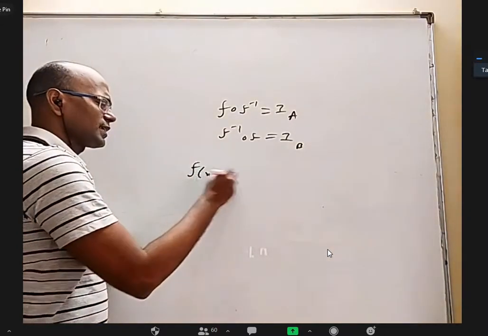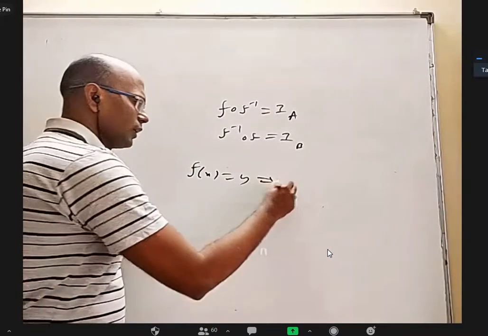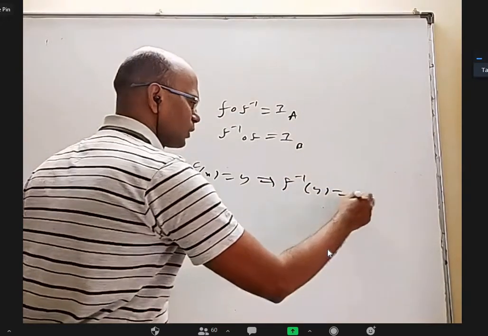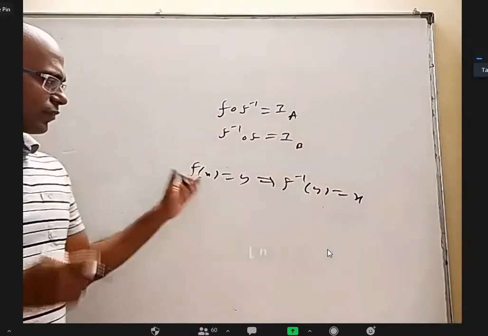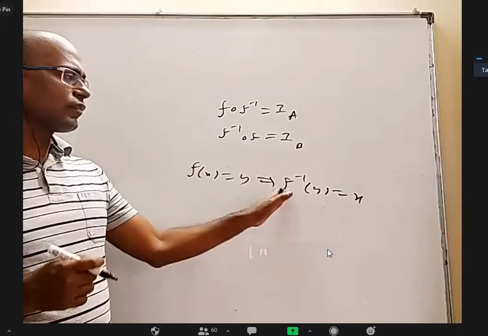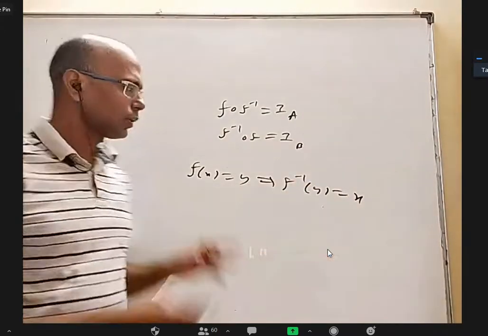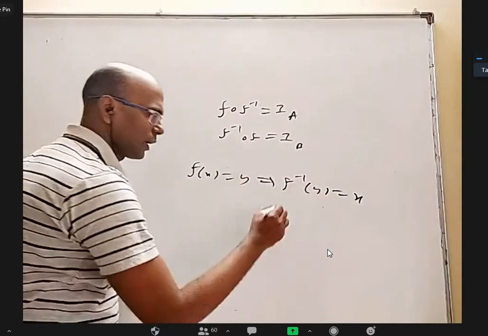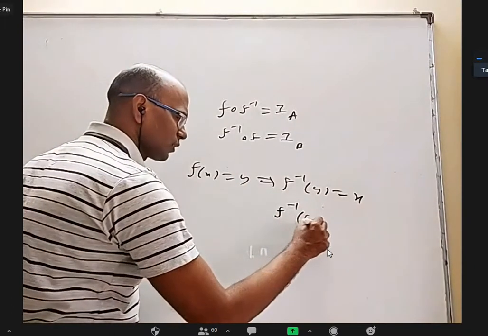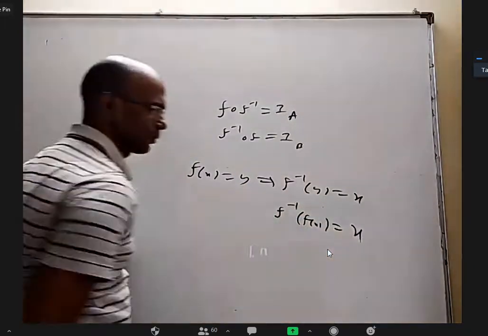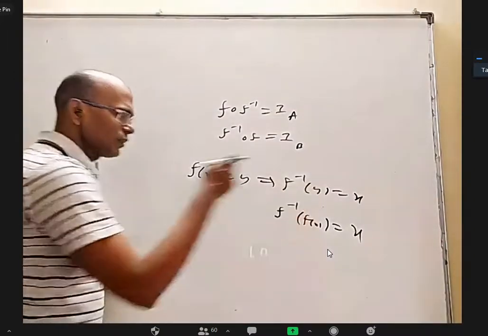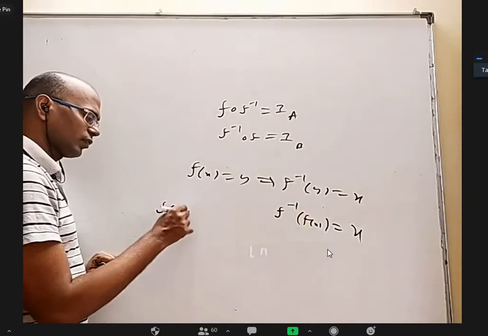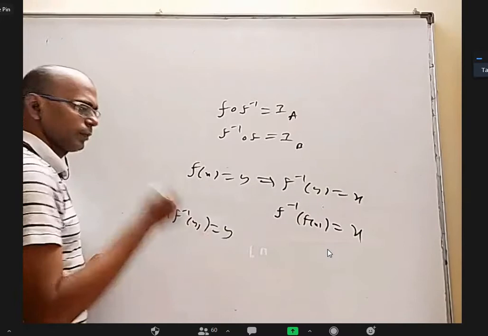If f of x is y, then f inverse of y equals x. As simple as that. If the image of x under f is y, then the image of y under f inverse is x. Now if you combine these two, wherever y is there, substitute it back, and we get f inverse of f of x is equal to x. Or put f inverse of y back here: f of f inverse of y is y.